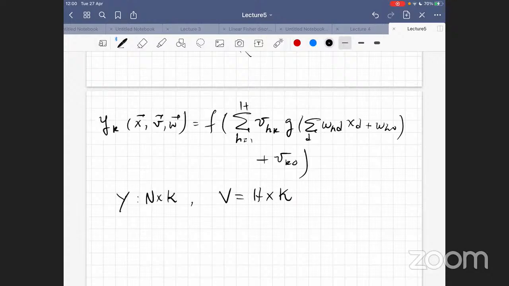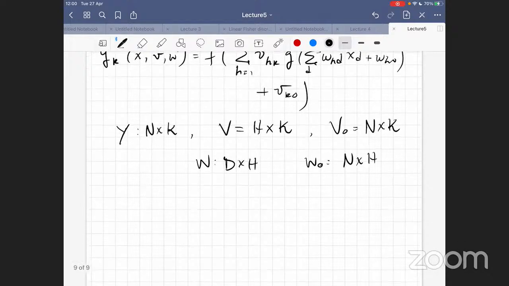And then I do the same for the intercept, and with respect to the other weights, these w's here, I collect them in a matrix, which is d by h. The intercept, which is n by h, and finally, of course, the input, which is n by d.